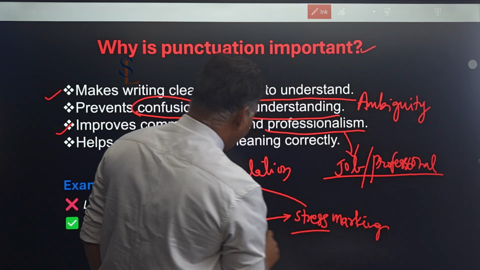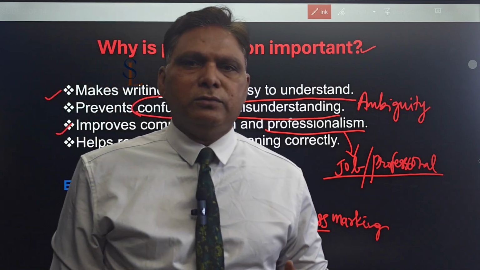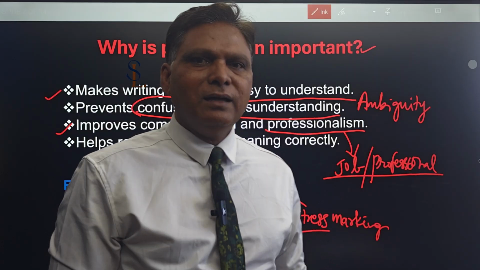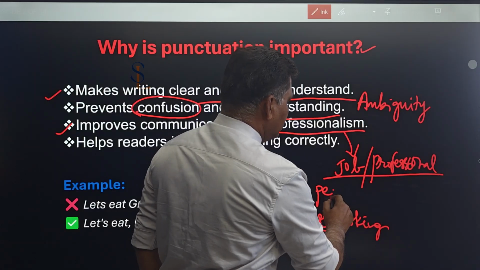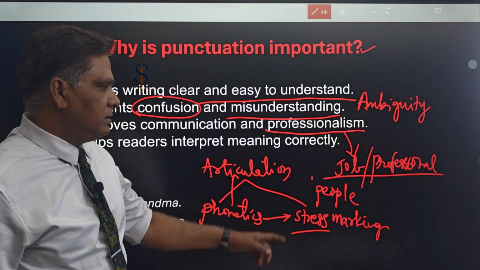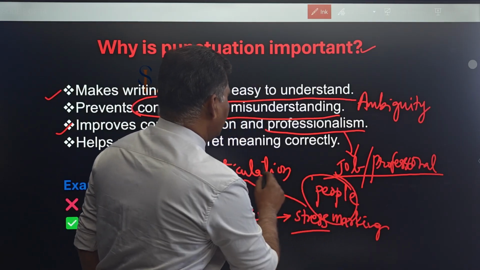When you understand phonetics, you will understand how sounds are created, like plosives, p, b, t, d, all these are plosives, and based on those plosives, naturally the stress is marked. If you take this word people, this is called stress marking.